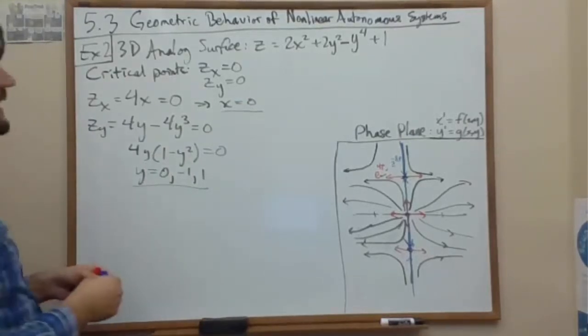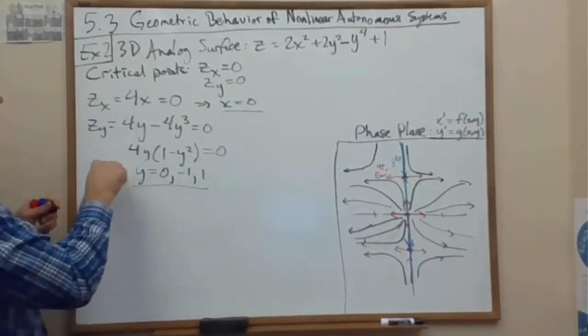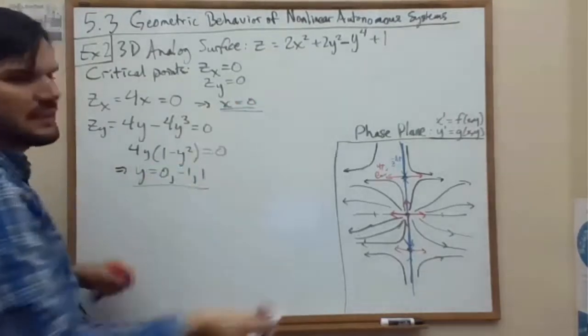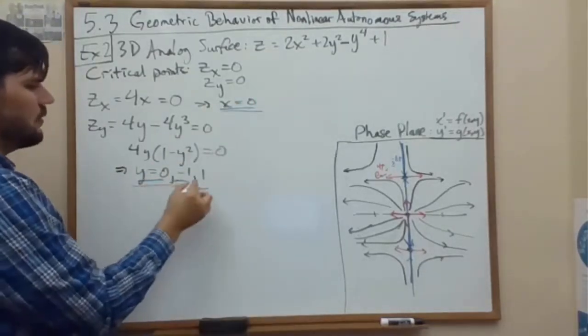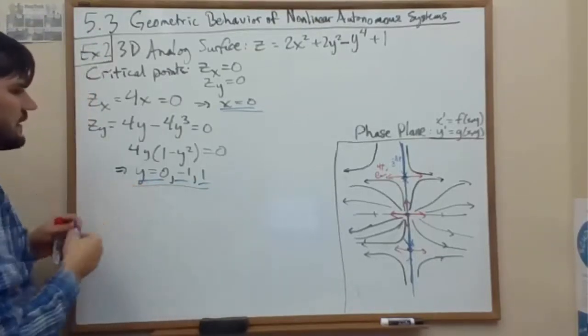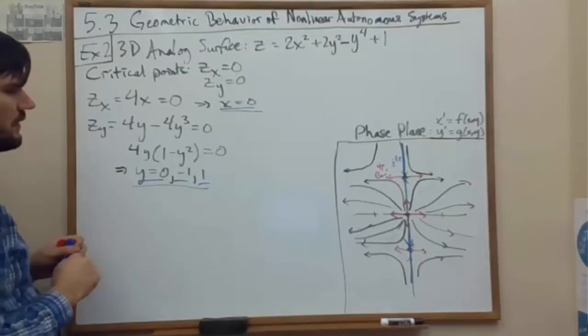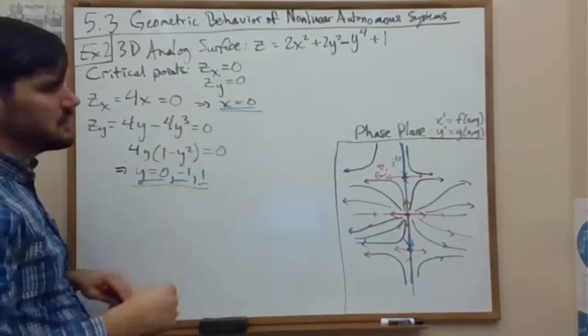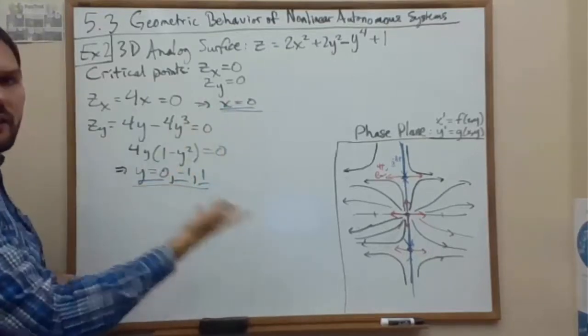To satisfy both conditions, we need to match x equals 0 with one of those y conditions. These line up really well. There's no conflict between x being 0 and y being any of these values.